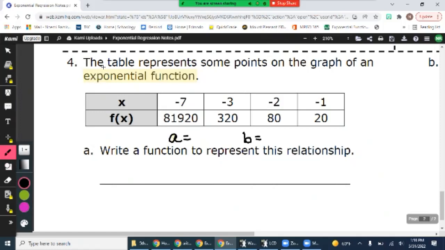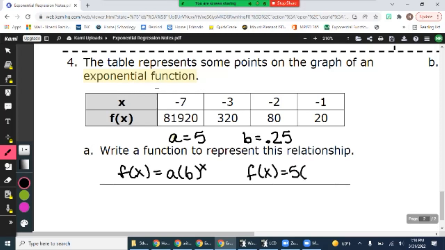What is A? And what is B? Okay, so we're going to write our original formula. The more I write it, the more I memorize it. 5 goes in front of the parentheses, 0.25 in the parentheses. A, B, alphabetical order.